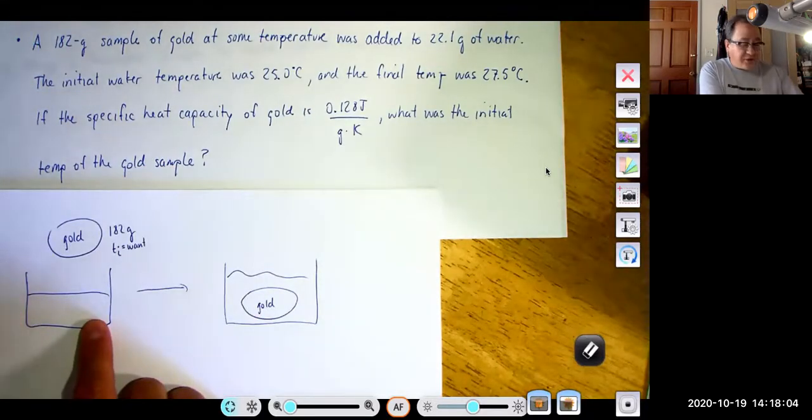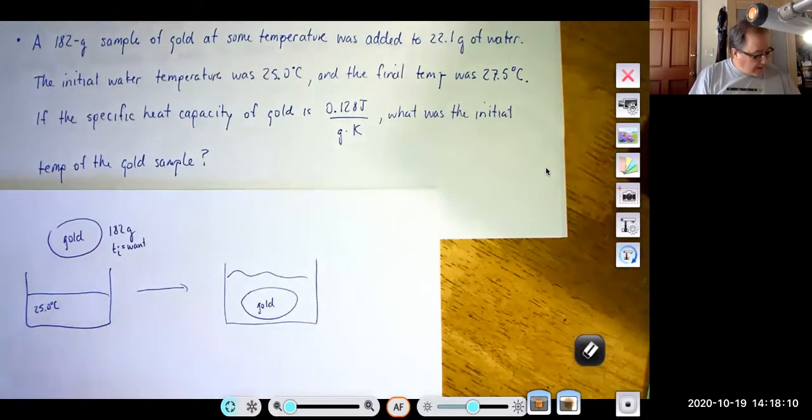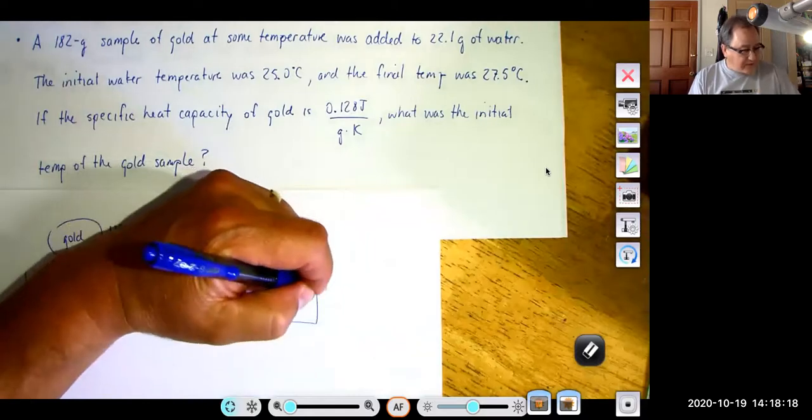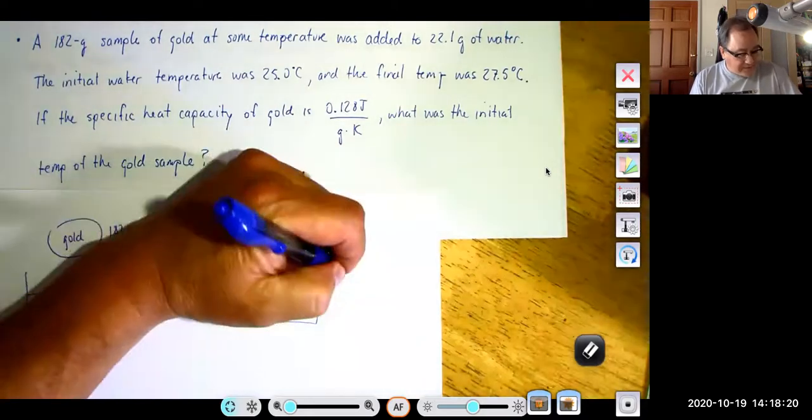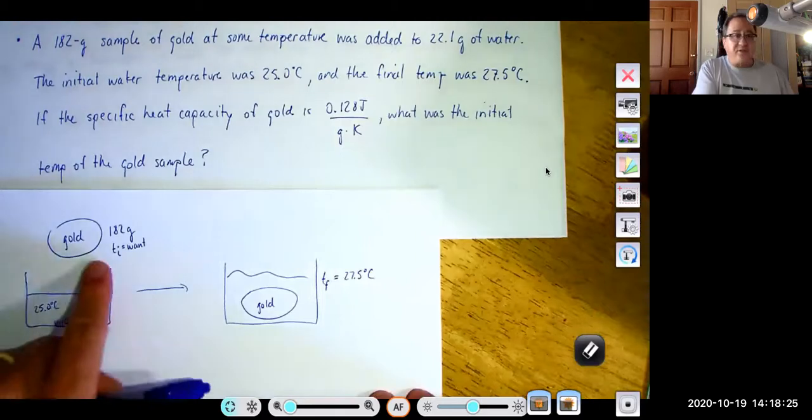We have that the initial temp is 25 degrees Celsius, and that we have 22.1 grams, and this is water. Now here, the T final is equal to 27.5 degrees Celsius. And we want to find out the initial temperature of the gold.